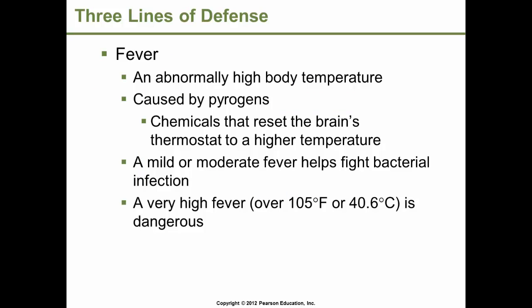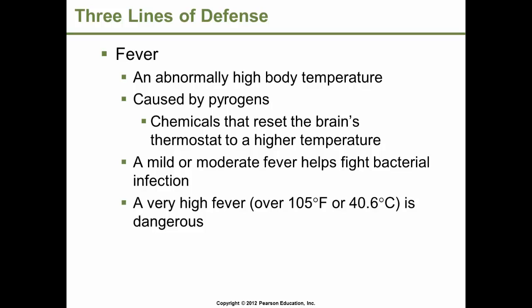Fever is an abnormally high body temperature. It's caused by a chemical known as pyrogen. We all know what a pyromaniac is. They burn buildings. Well, in this case, fever is caused by the protein pyrogen.